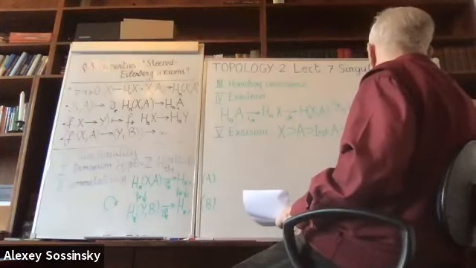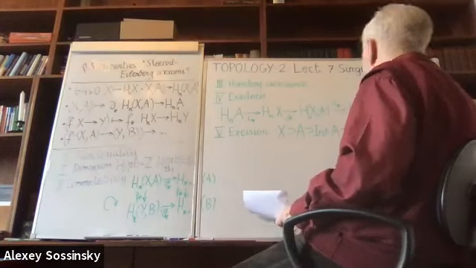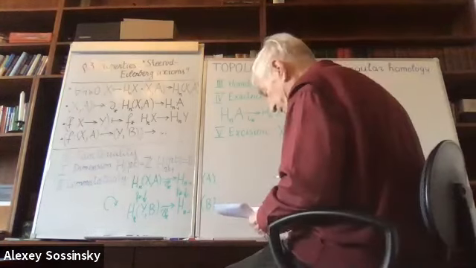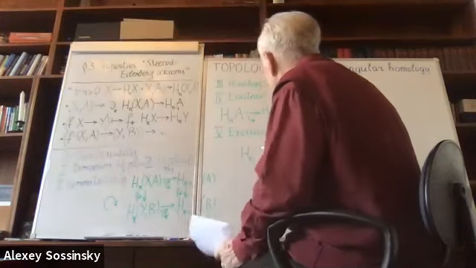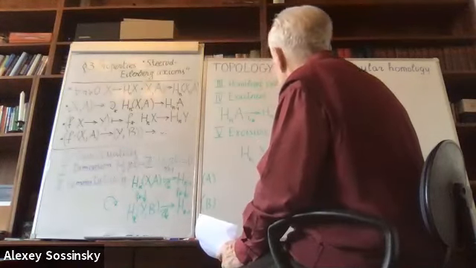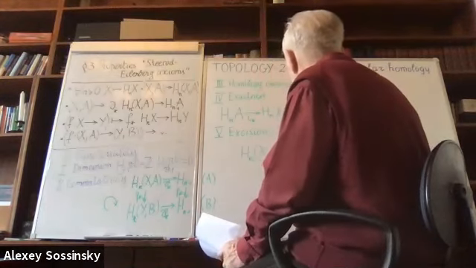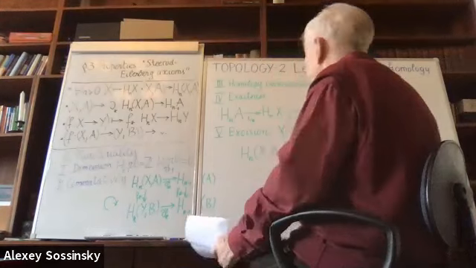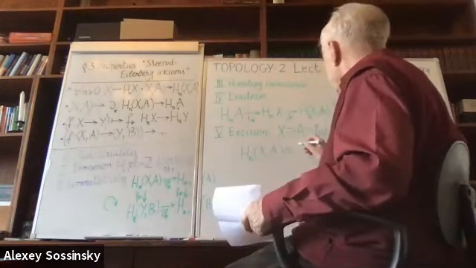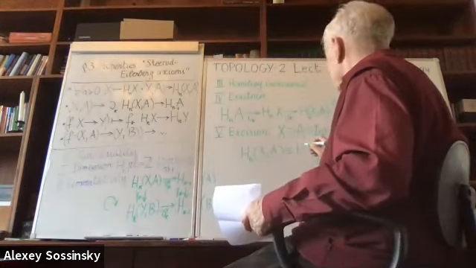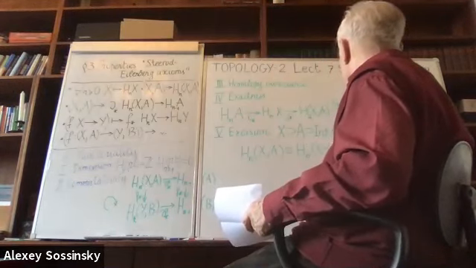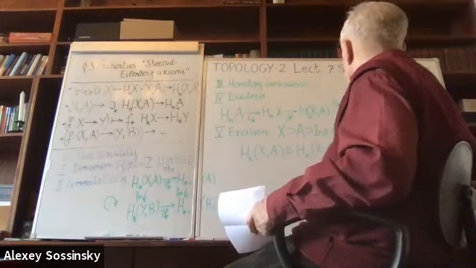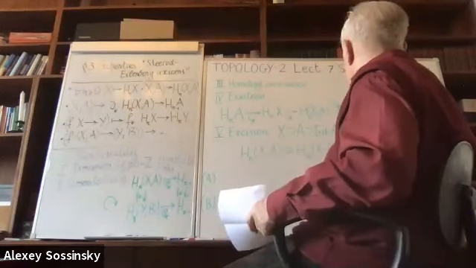In this situation, you have the following isomorphism: H_n(X, A) is isomorphic to H_n(X minus U, A minus U).